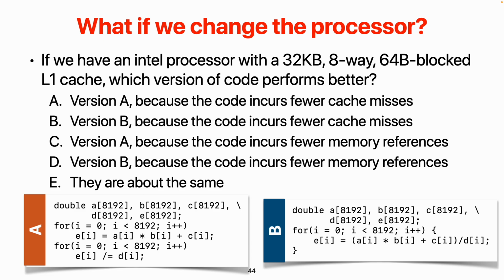But now since there's 8, there won't be issues about cache misses. Well, is there no cache misses, or? Well, there are fewer cache misses in this case. What do you mean by fewer? Since there are more ways, there are only compulsory misses, right? There's no conflict misses, right?